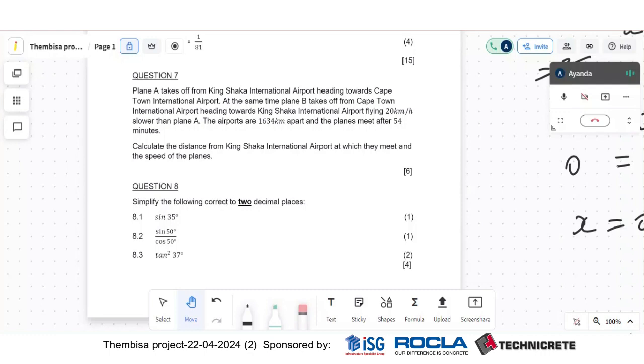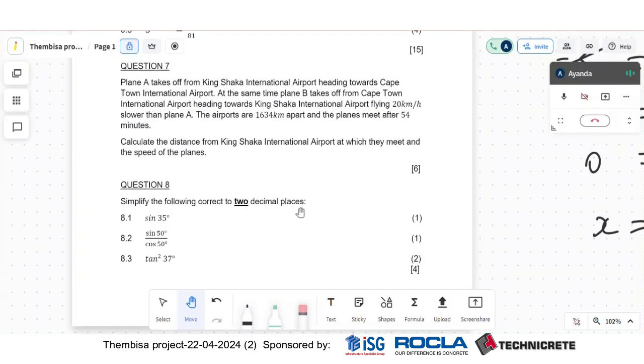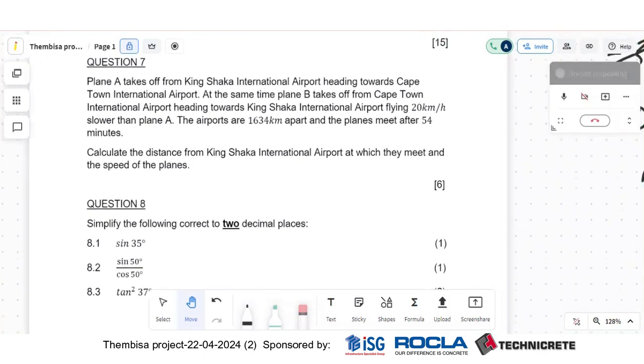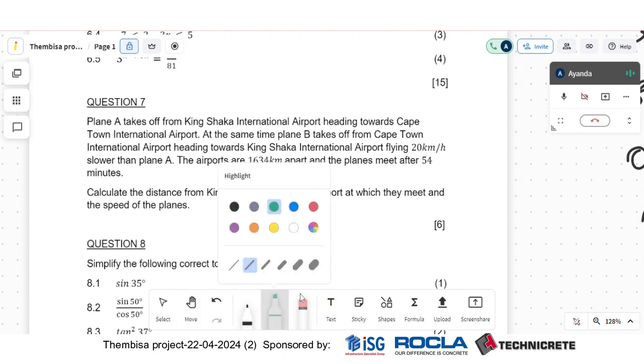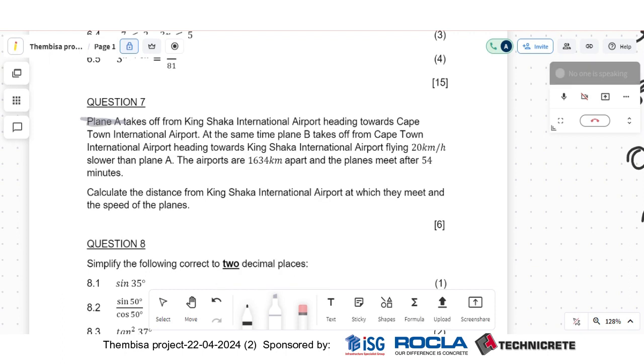Let's take a look at question 7, which has to do with distance and time. Plane A takes off from King Shaka International Airport heading towards Cape Town International Airport. At the same time, plane B, so maybe let's highlight them in different colors. Plane A leaves from King Shaka in Durban and it's headed towards Cape Town.